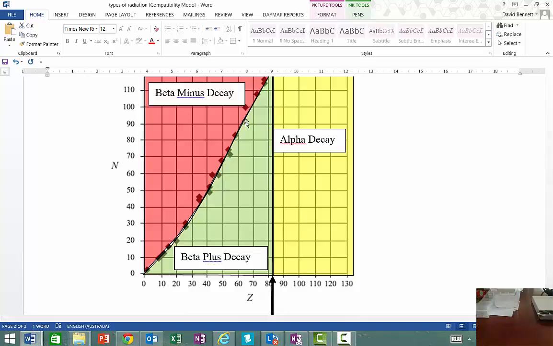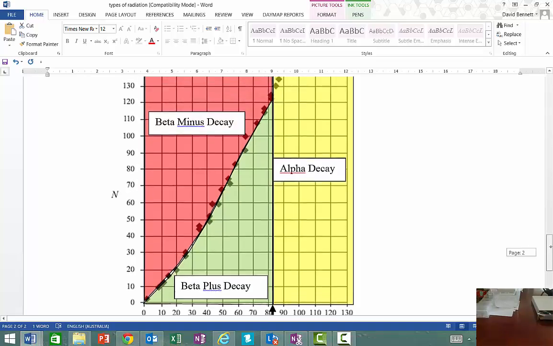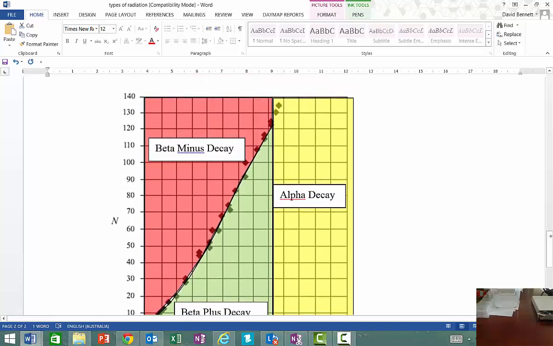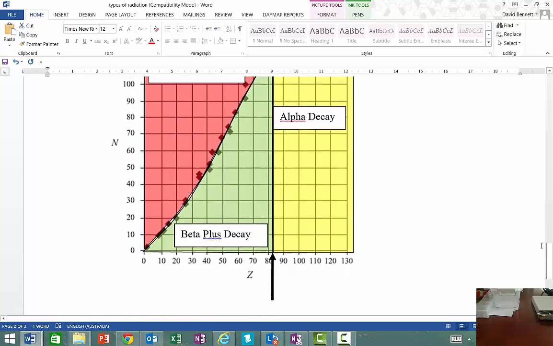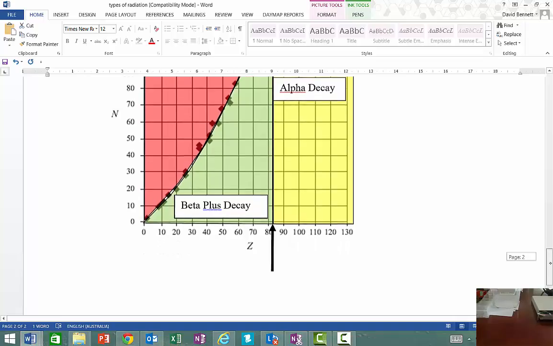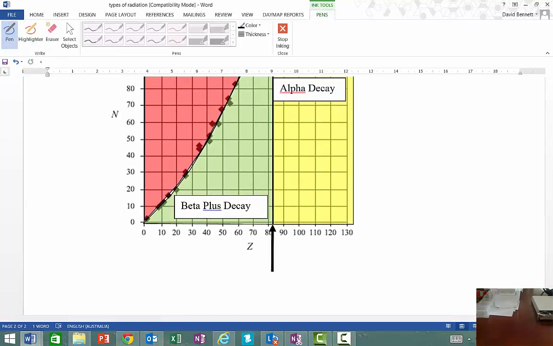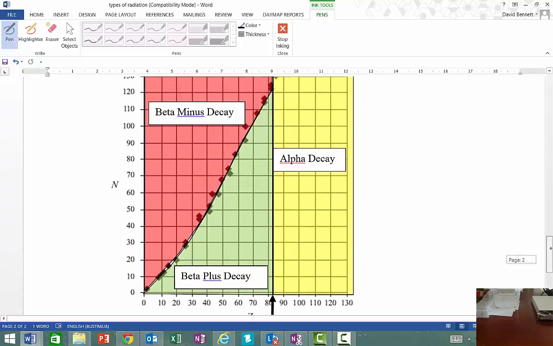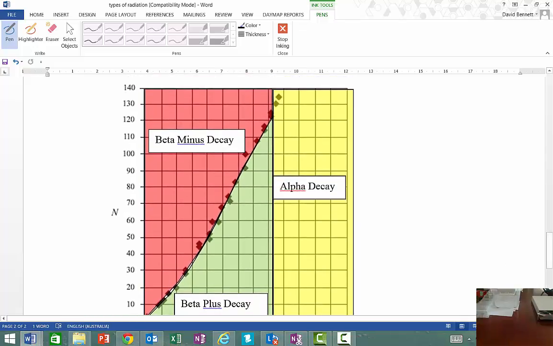Alright, so when we start thinking about predicting what type of decay we're going to have, anything that's going to be greater than our special number here, and the special number is in fact 83. Alright, so anything with an atomic number of 83 or more generally will undergo alpha decay as well as gamma decay.